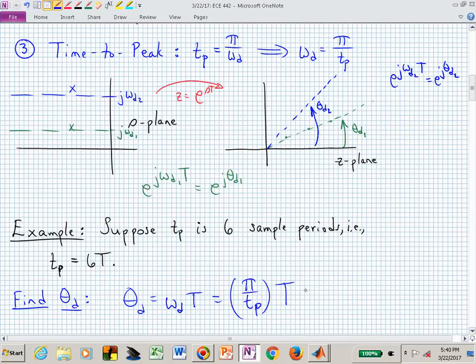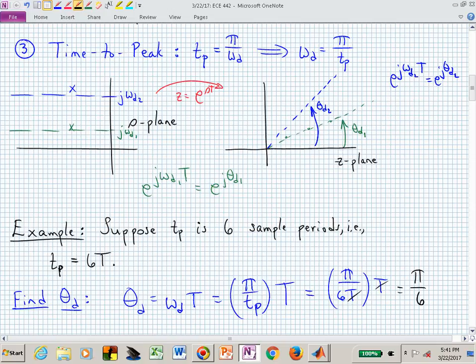But if we want our time to peak to be 6 sample periods, we can now substitute 6T into time to peak. The T's now are canceling, and I now have pi over 6 as my angle.